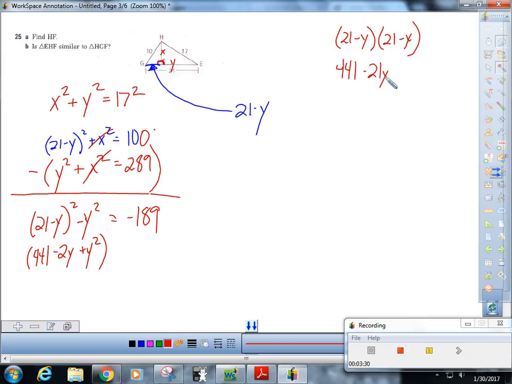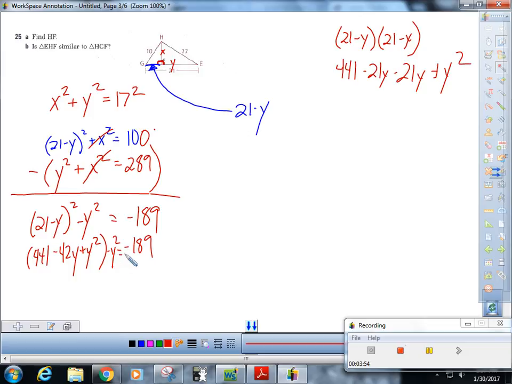Whoops, good thing I did that, because this is about ready to be wrong. Minus 21y plus y squared. Okay, so it's minus 42y, not 2y. Plus y squared equals negative 189. And I need my minus y squared.